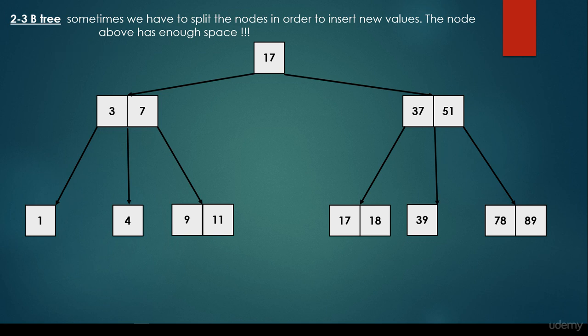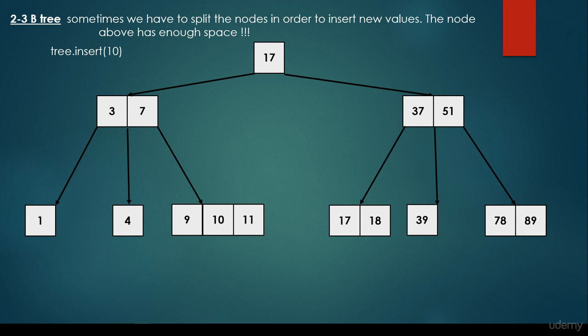What about we would like to insert 10? We start at the root node, we go to the left. 10 is greater than 3, so we visit the next neighbor. 10 is greater than 7, so we go to the right again. 10 is greater than 9, but it's smaller than 11, so we insert it here. It's very important that in a B tree, the nodes' keys are in sorted order.